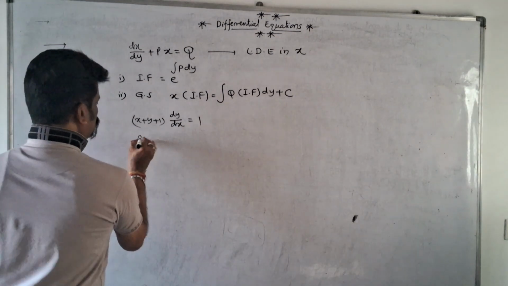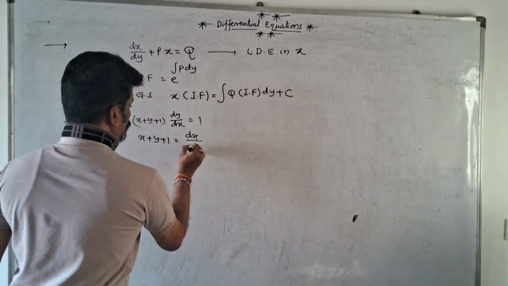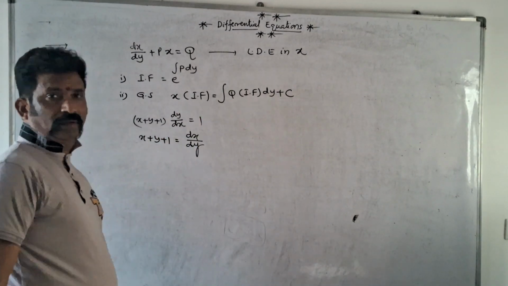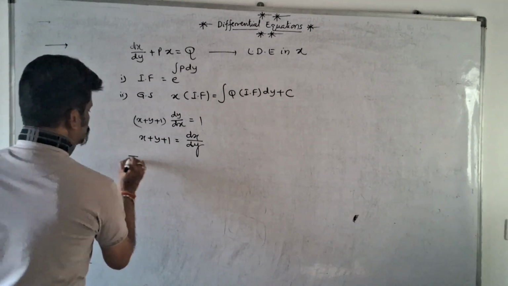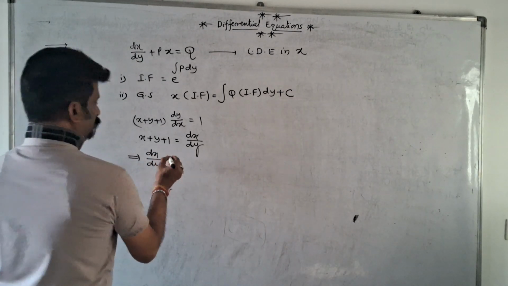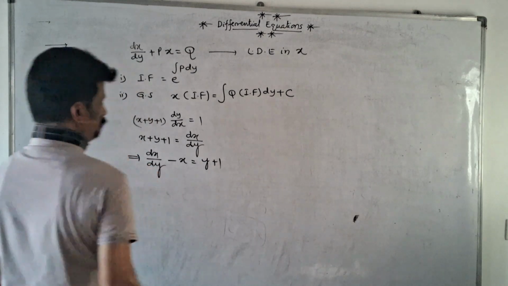Because look at this. x + y + 1 is equal to dx/dy, shifting this side. So this implies dx/dy − x = y + 1.